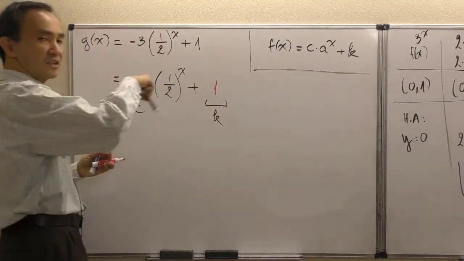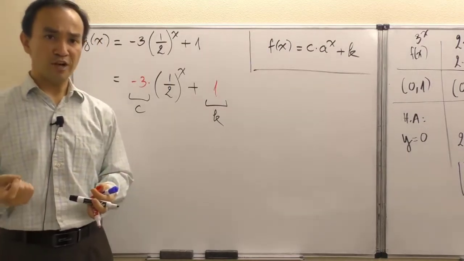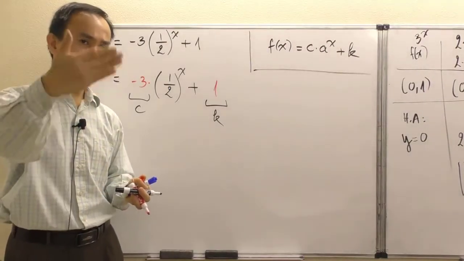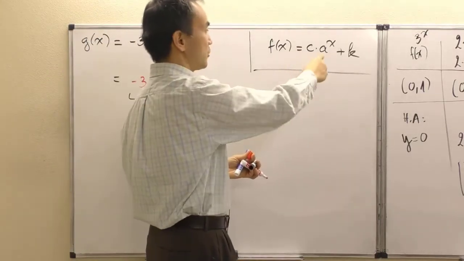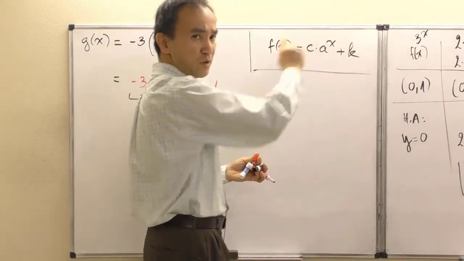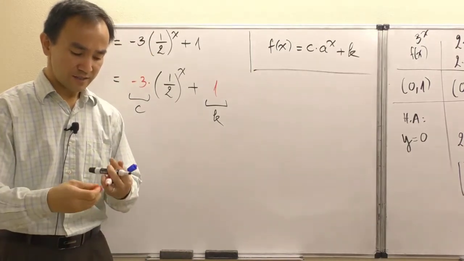So now I'm making it clear that this function g of x is in that general form of an exponential function, where we have a combination of all vertical transformations applied to an ordinary or basic exponential function a to the x. Okay, so now let's get to it.